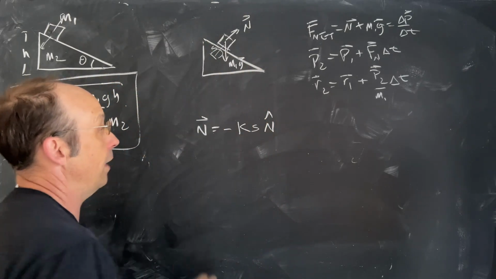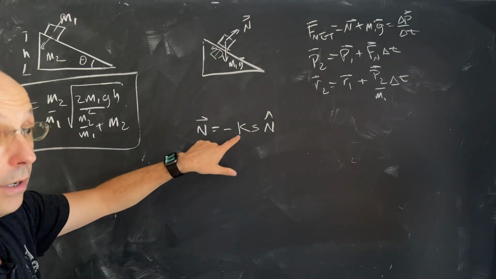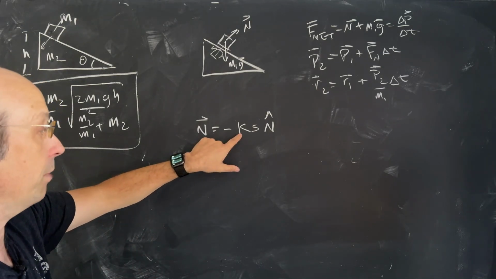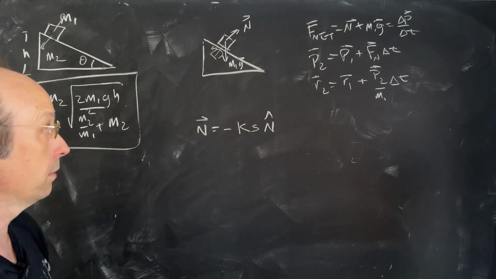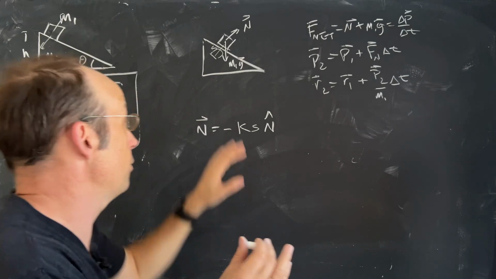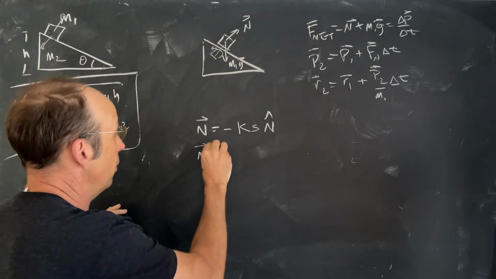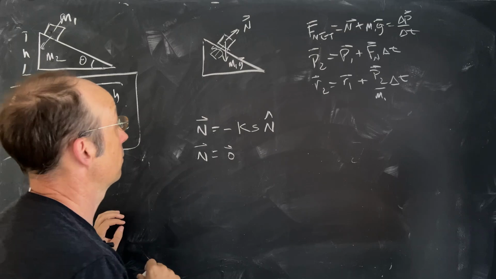So n hat is a unit vector in the direction of N. So that's if it's below there, okay? And k is a spring constant, and s is that amount. So I just need to say, is it in the wedge or not? If it's not in the wedge, then N is equal to 0. If it is, it's equal to that.